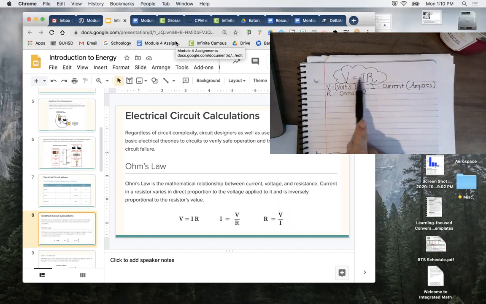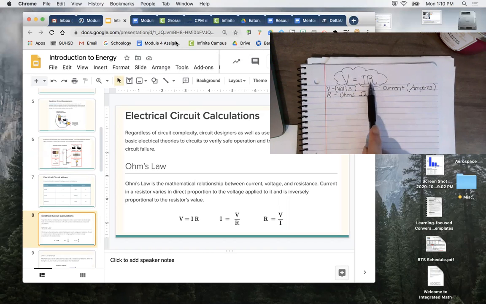Volts is equal to our current times our resistance. I use that for every single one. Even if they ask me to solve for our current, or amps, I will still use this equation, plug in volts, plug in the resistance, the ohms, and then solve for I that way.